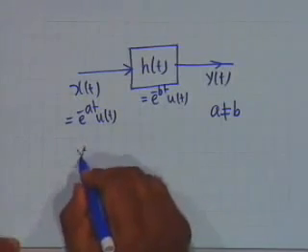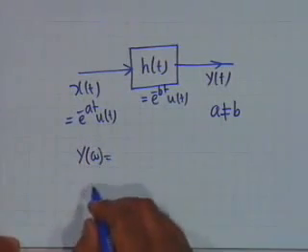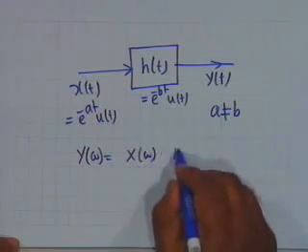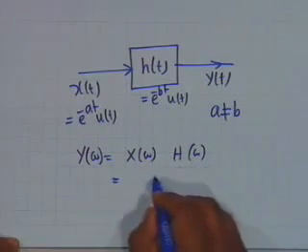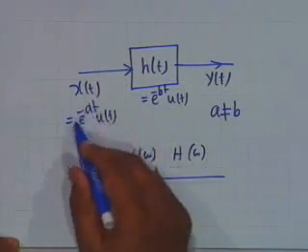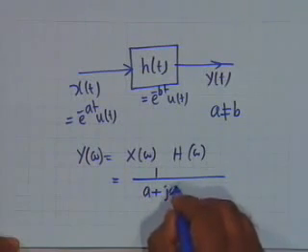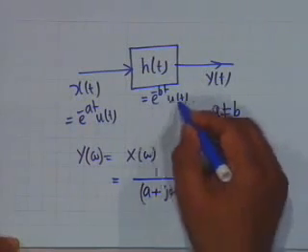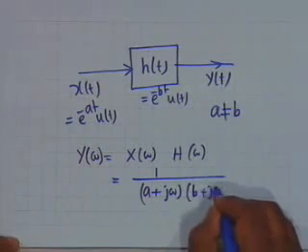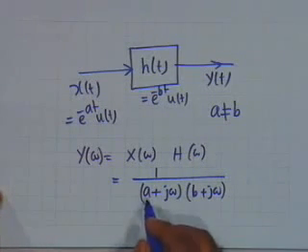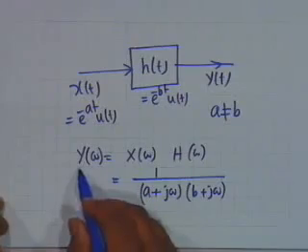Alright, therefore my capital Y of omega shall be simply the product of X of omega and H of omega, and therefore it is simply 1 over a plus j omega, the transform of this, and the transform of this is b plus j omega. This we have done earlier. Alright, so the problem now is to invert capital Y of omega.